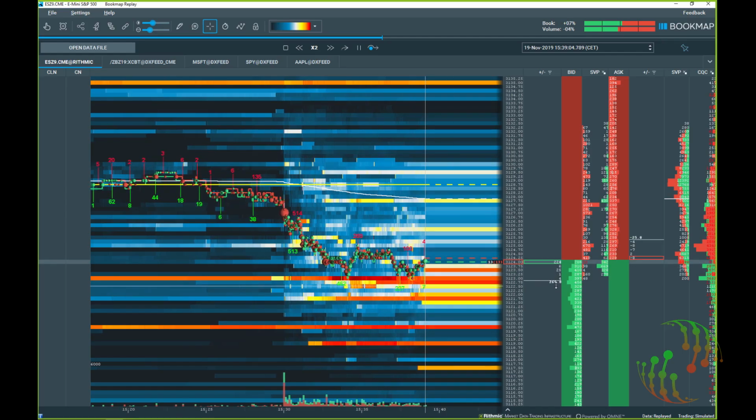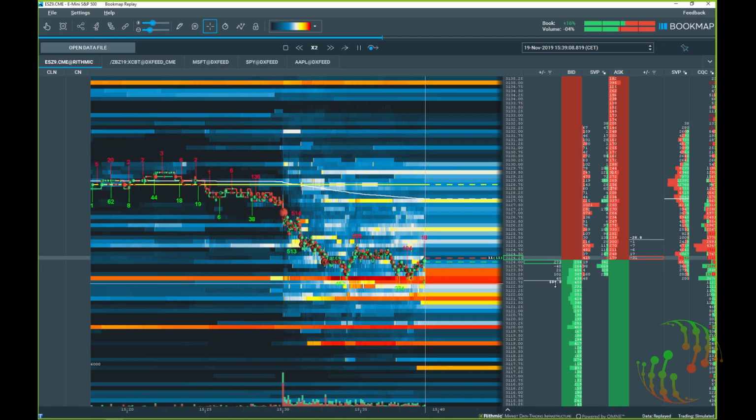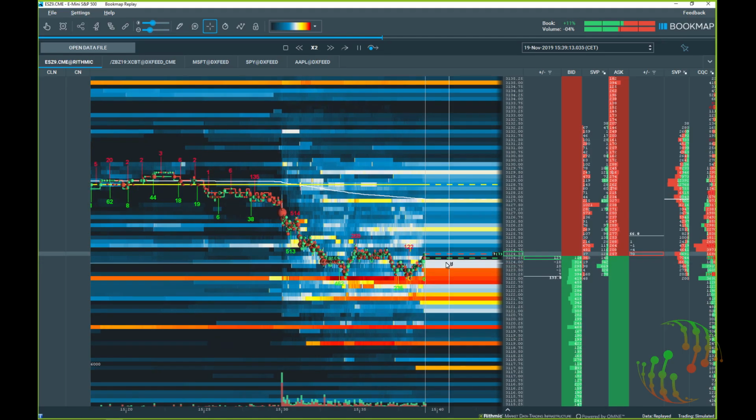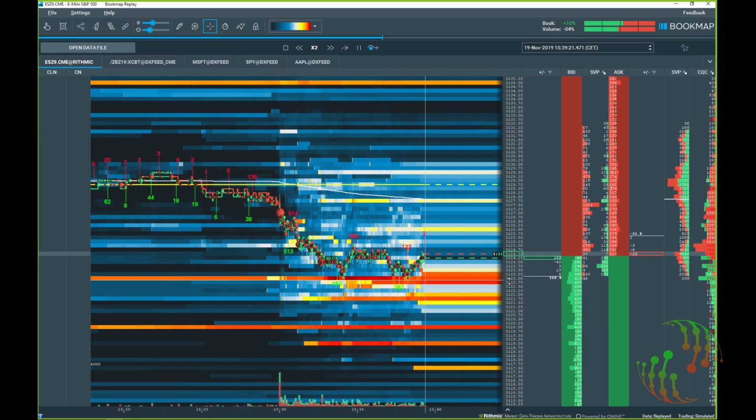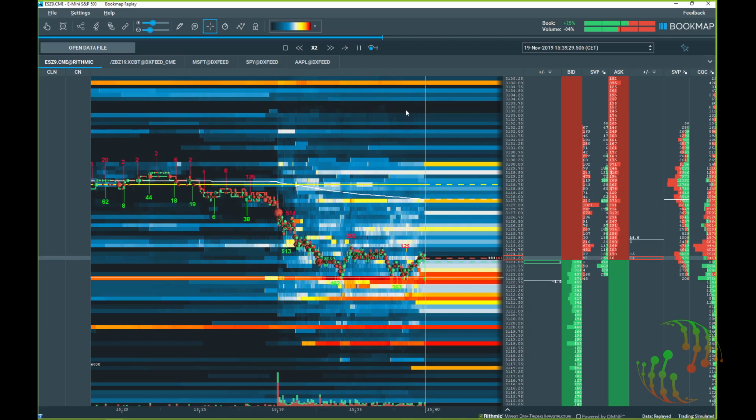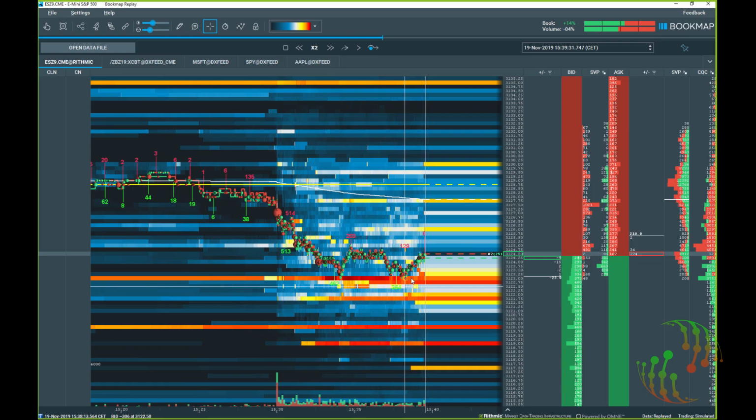Strong numbers up, supporting the up move. By the way, if you experience enough and you got a fill here at 23.50, then you are in green here. By that means you are in profit.